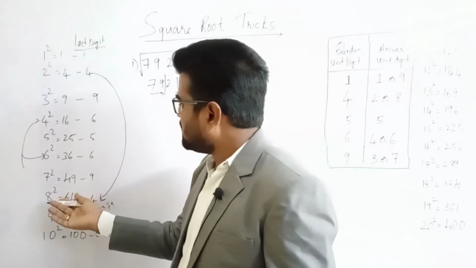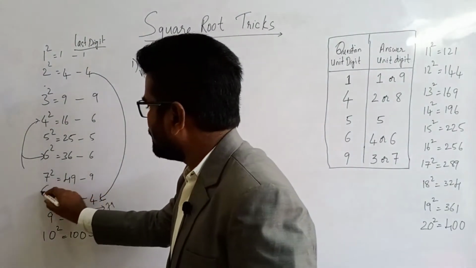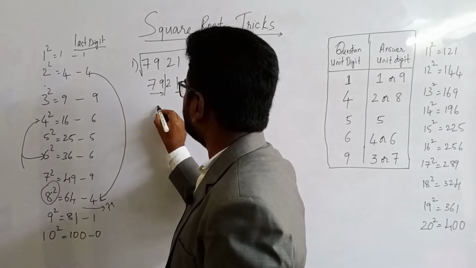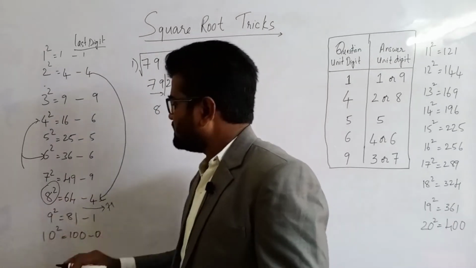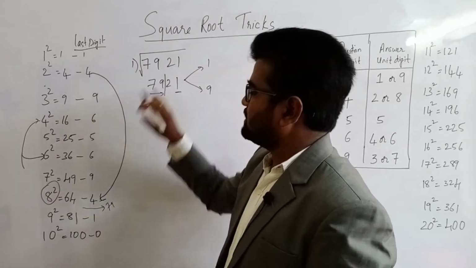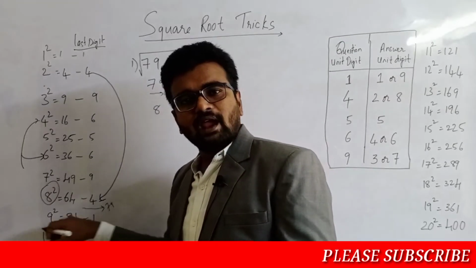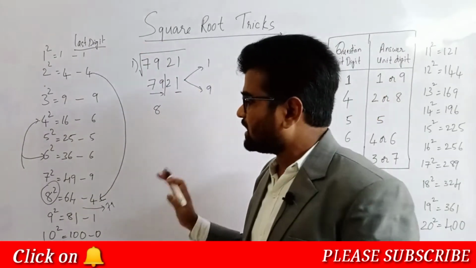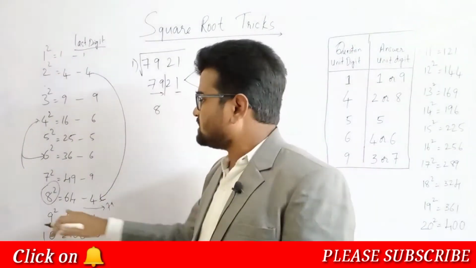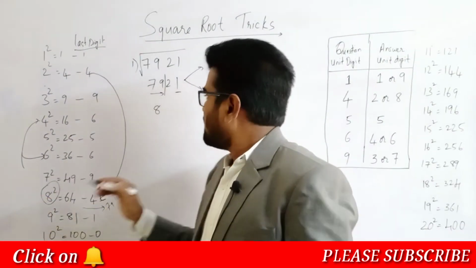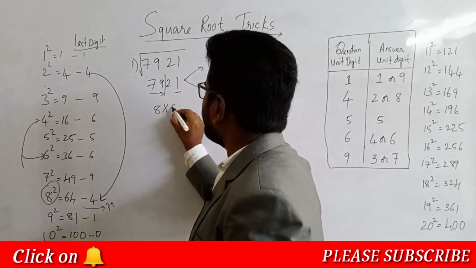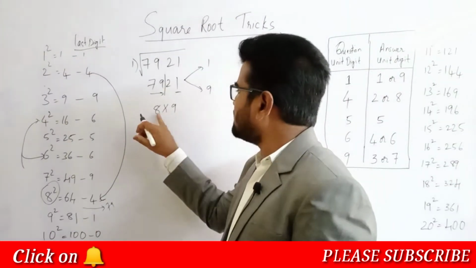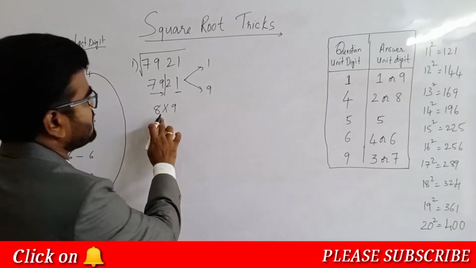We consider 8, the lowest number, because 8 square is 64, while 9 square is 81, which is greater than 79, so we should not consider the higher number. Multiply that 8 with the next digit, that is 8 into 9.